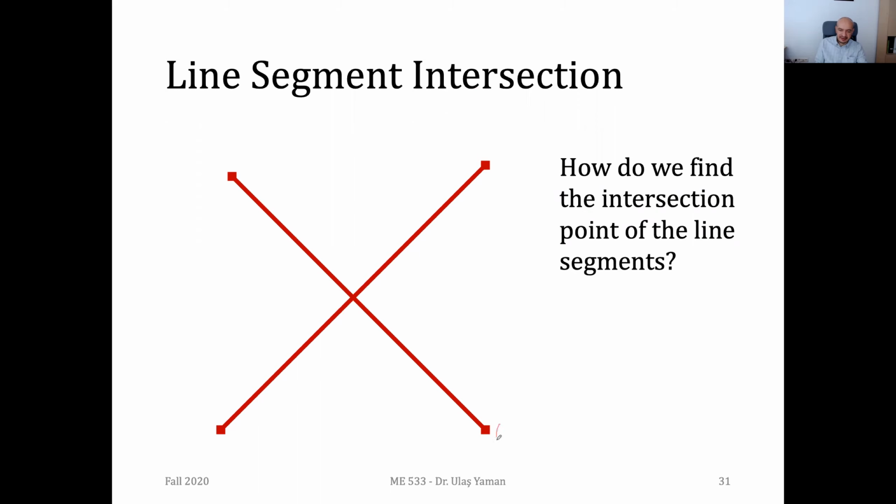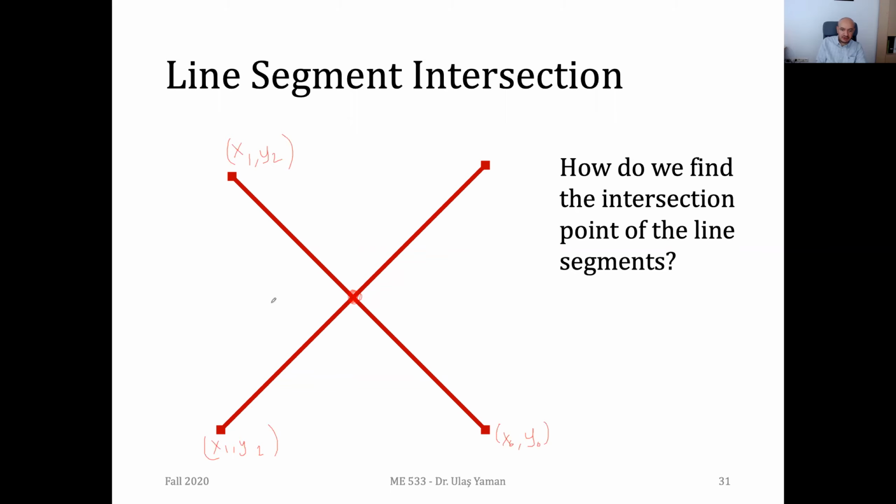Let's say this is the starting point. This is the end point. And then we have another starting point. So how are we going to compute this intersection, if there is any?